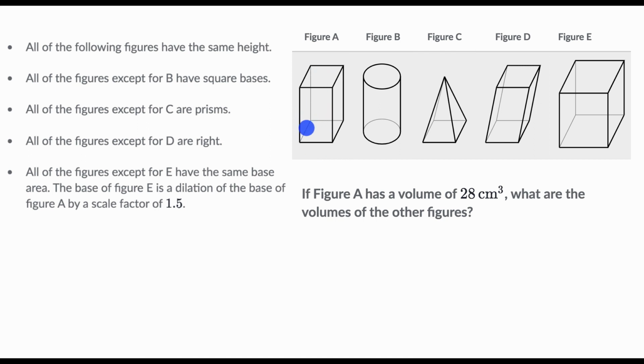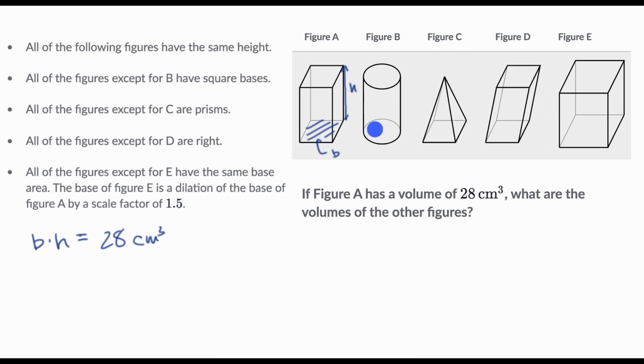If we call this area right over here B for the area of the base, and then it has some height, h, we know that the base area times the height is going to be the volume. So based on figure A, base times height is going to be equal to 28 cubic centimeters. Fair enough.